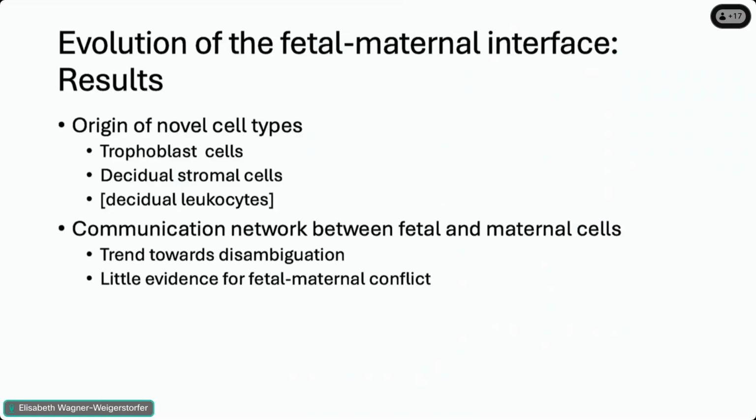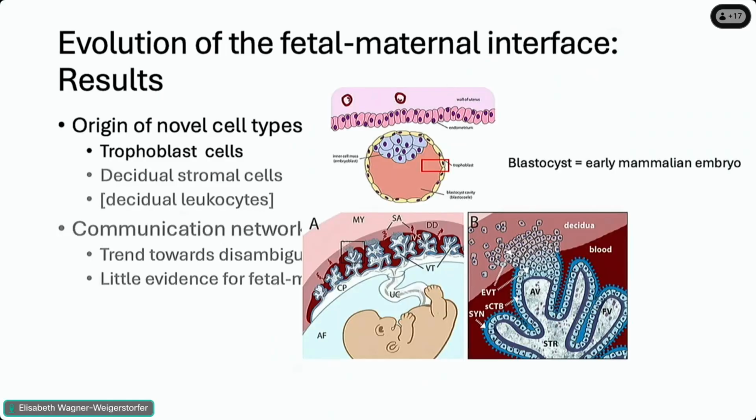And two points: the one is prediction about disambiguation. And then I will talk about the fact that there's very little evidence for fetal-maternal conflict in the evolution of the fetal-maternal relationship, which is actually unexpected, at least from some points of view.